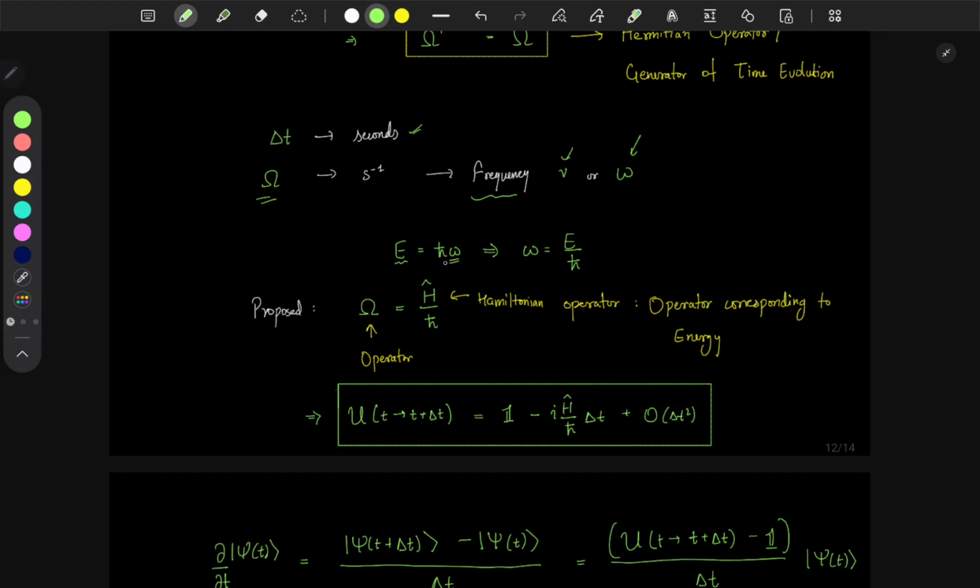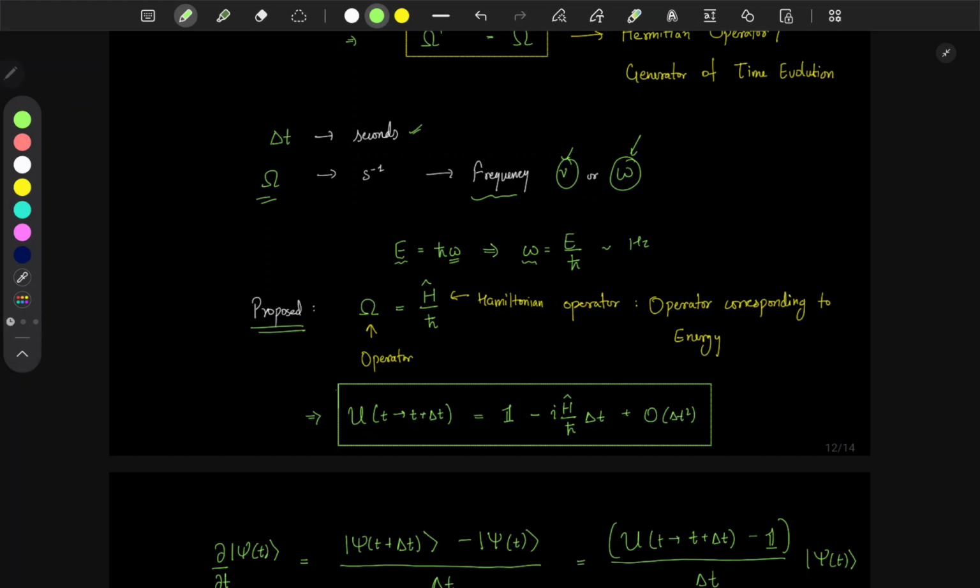So the energy of a photon is given by h cut omega or h bar. Some people call it h cut, some people call it h bar. Call it whatever you want, it doesn't really matter. So from here you can write that omega is E over h bar. So this has the dimension which we need, hertz. Okay, so omega is something, and since omega is related to frequency, we just put it in the theory. Okay, this is a postulate of the theory.